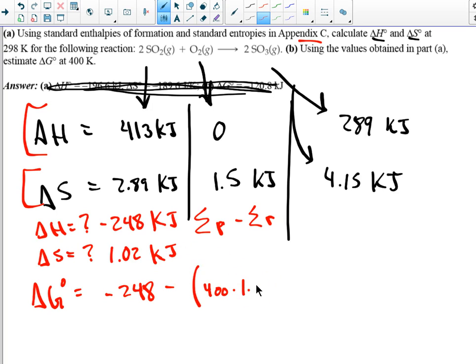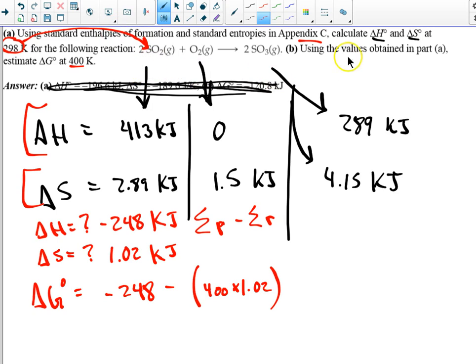I'm going to make that an X, so it's not confused for another decimal. What did I do wrong? We're going to find these values at 298 because that's what they are in the table.